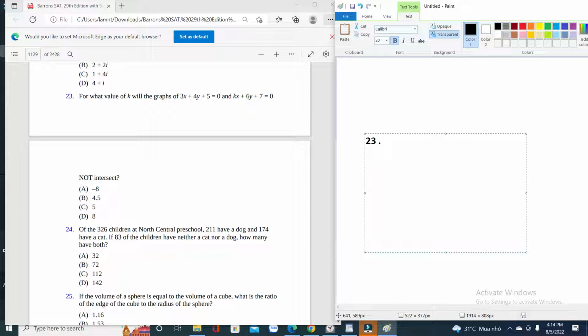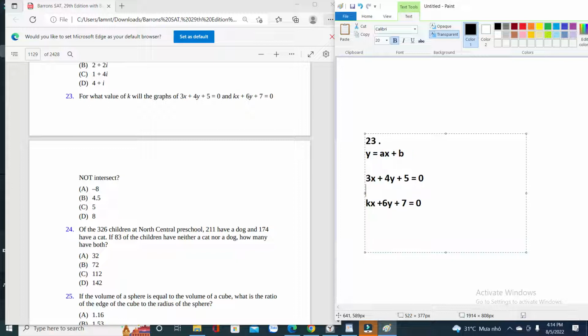So 3x plus 4y plus 5 equals 0, and kx plus 6y plus 7 equals 0. So we have to transform both lines into y equals ax plus b form, so we can consider parallelism.